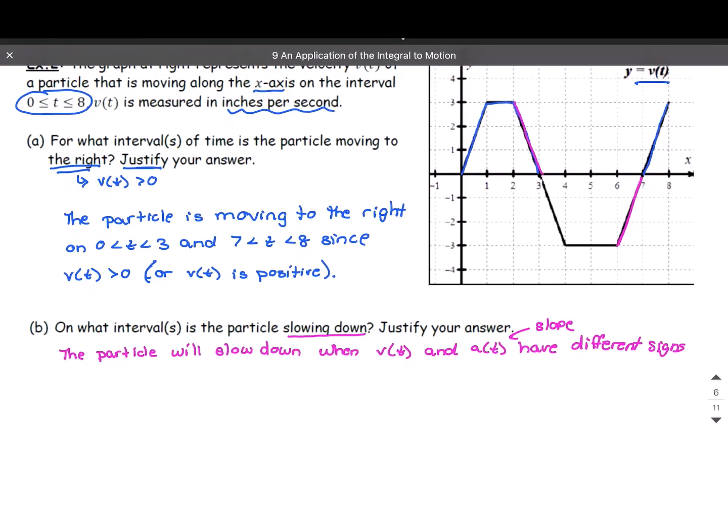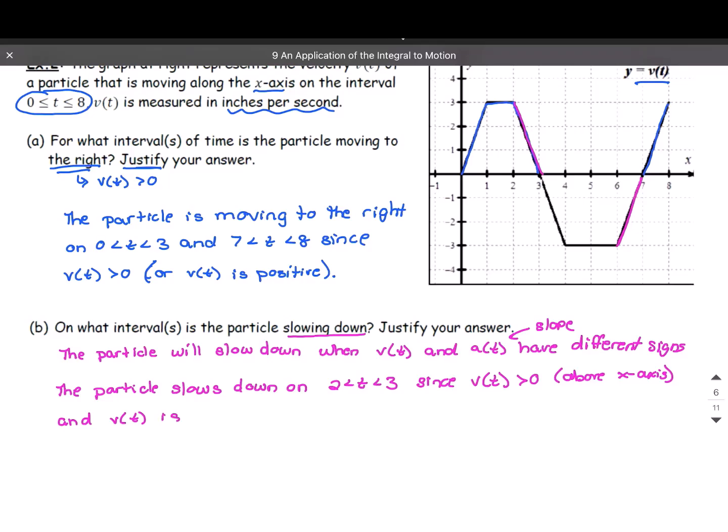So here we go. The particle slows down on our first interval, 2 less than t less than 3, since the velocity is greater than 0, it's above the x-axis, and the velocity is decreasing, which remember means that the acceleration is negative.